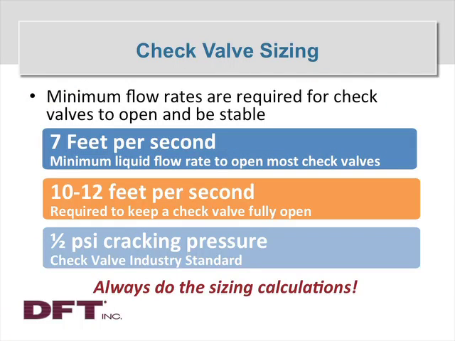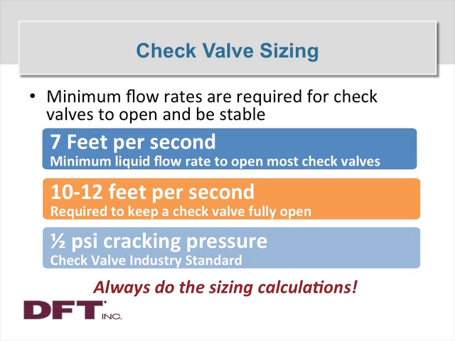All right, well, I'm going to start by giving you some good general guidelines here. Minimum flow rates for check valves, regardless of any of the styles that I've talked about earlier. You want to have at least 7 feet per second as a minimum liquid flow rate to open most check valves. Again, I'll emphasize that's a liquid flow rate. 10 to 12 feet per second is probably required to keep that valve fully open.